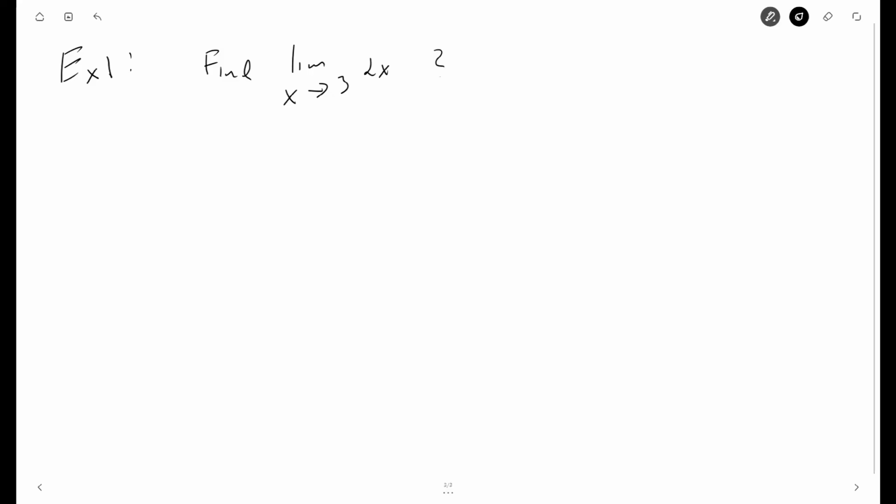The way you do it is as follows. So the limit as x approaches 3 of 2x is equal to, this is a basic limit, so all you need to do is look at the behavior when x approaches 3 of the function. So we need to plug in 3 and we get 6.